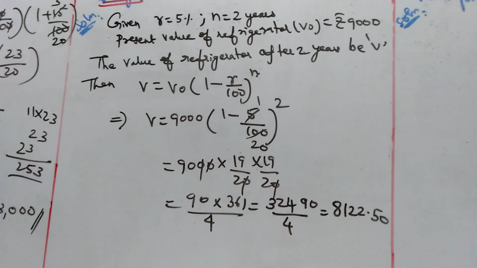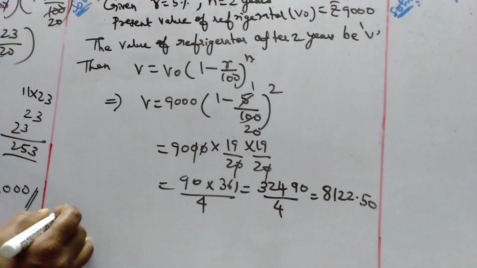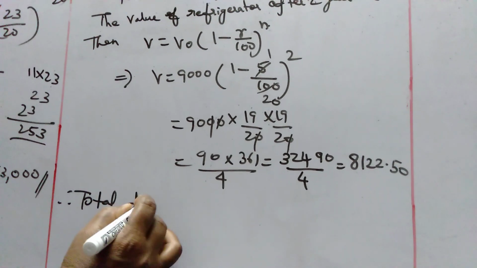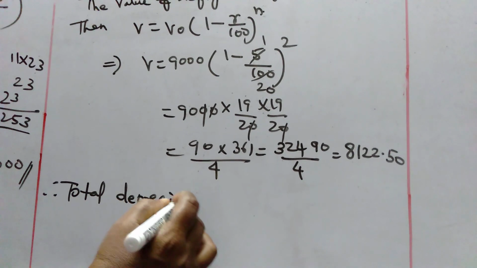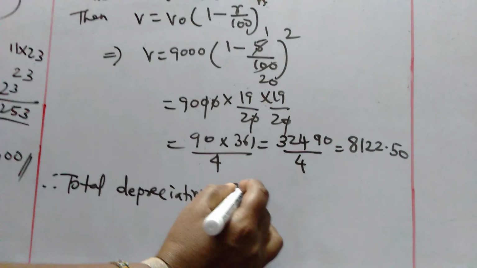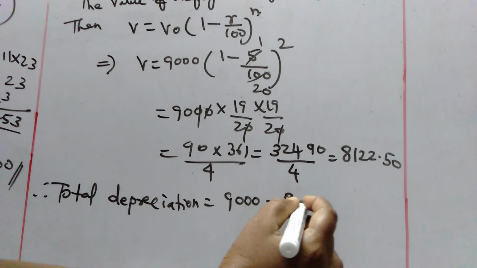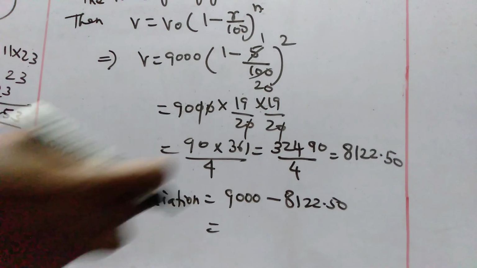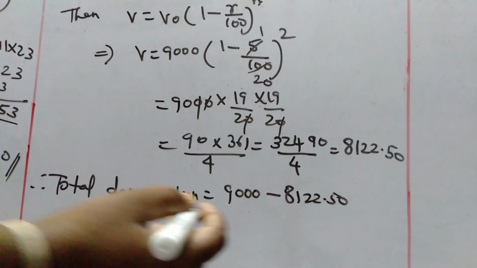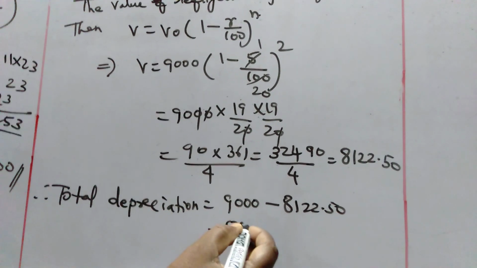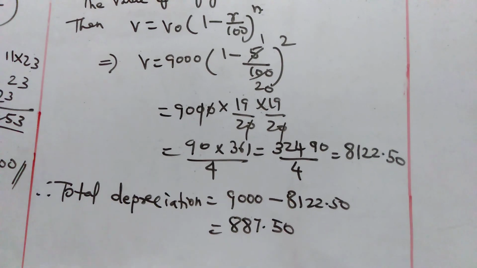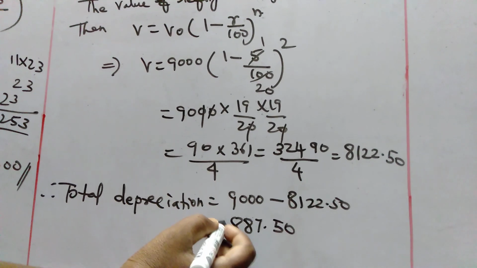Then we want to find total depreciation. Therefore, total depreciation is 9,000 minus 8,122.50, which is equal to 887.50, right?